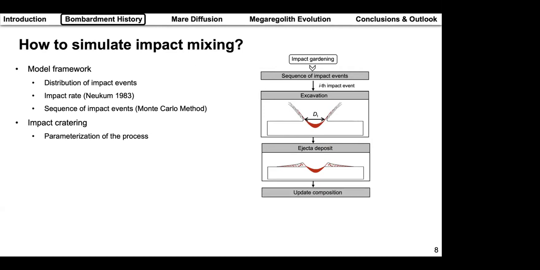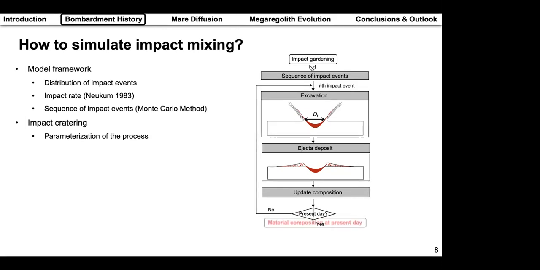After the formation of this impact event, the model will record everything that was changed by it. And then when the second oldest impact event happens, the model does similar things, recording everything changed by these impact cratering events.